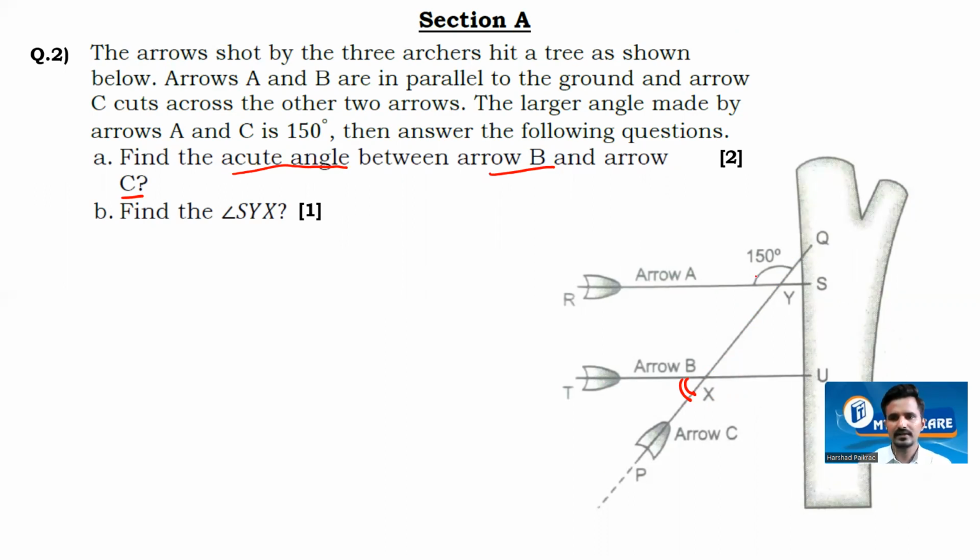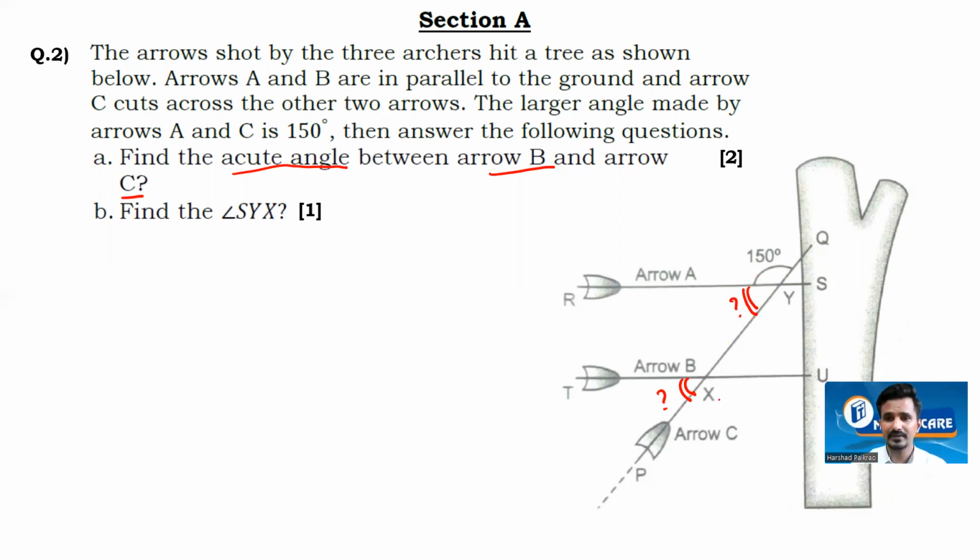Now, there are two parallel lines and a transversal. Therefore, we can say that angle TXP is equal to angle RYX. These two angles are corresponding angles and therefore they are equal. So if you want to know angle TXP, you must know the measure of angle RYX. So we first have to find the measure of angle RYX.